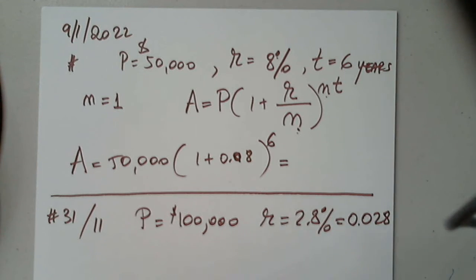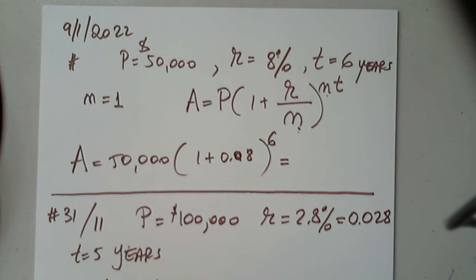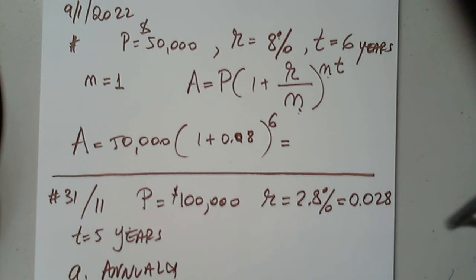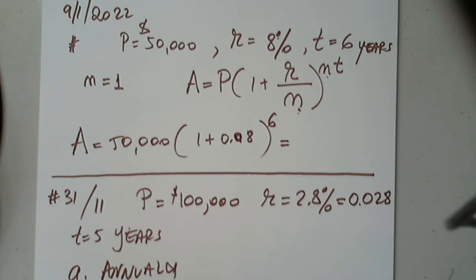Okay, fine. I'm going to change that. I want to have something more interesting. So T equals 5 years. If interest is compounded, part A, annually. Part B, semi-annually.